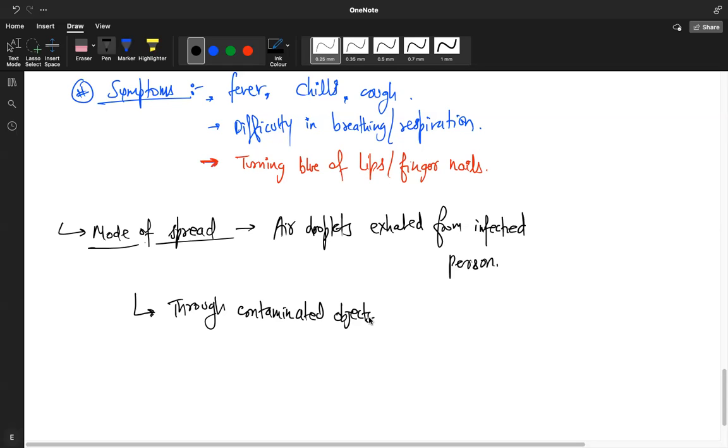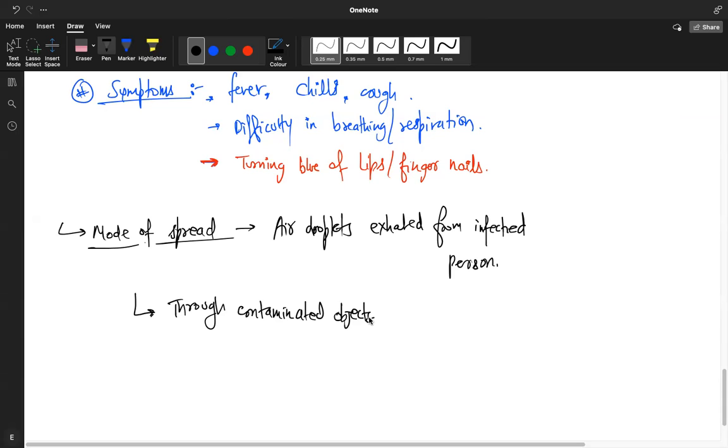Because if the bacteria or virus is present on the skin surface, it's not a problem for you. But if it enters your system, then it's a problem. Make sense?